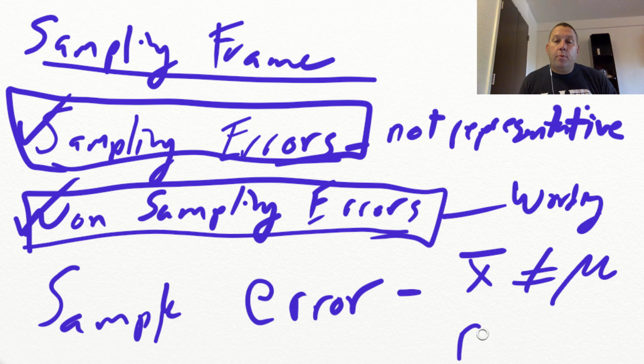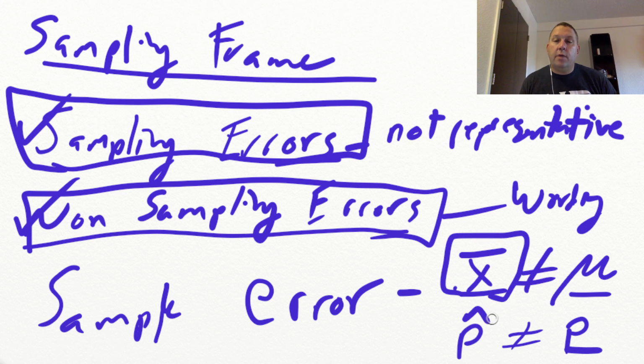If I do a proportion test and I say that of my 1,000 people that I sampled, 38% support someone, that's hardly ever going to equal the actual proportion of the whole population, or my parameter. Again, parameter, statistic. Here, I'll put a box around that. So x bar is a statistic.